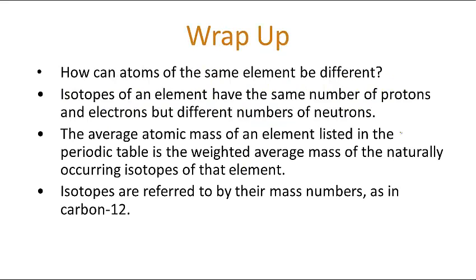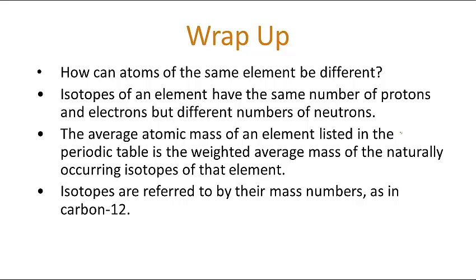So, wrap up. How can atoms of the same element be different? Isotopes of an element have the same number of protons and electrons, but different numbers of neutrons. The average atomic mass of an element listed in the periodic table is the weighted average mass of the naturally occurring isotopes of that element. What about not naturally occurring isotopes?